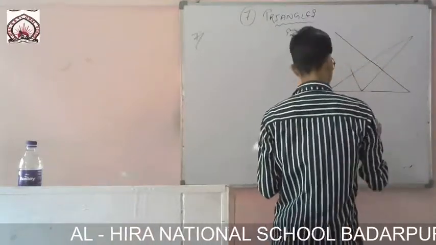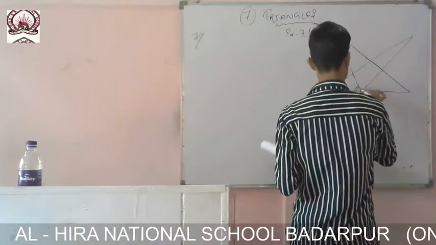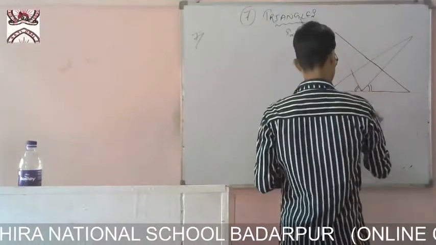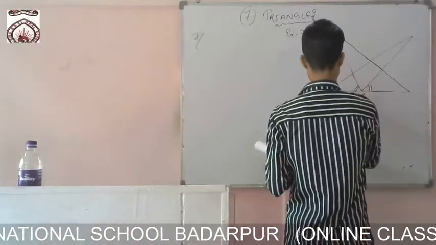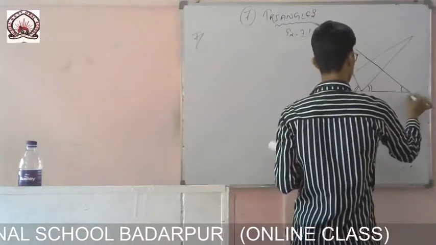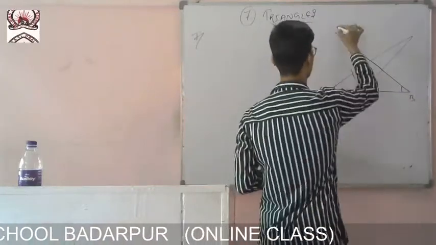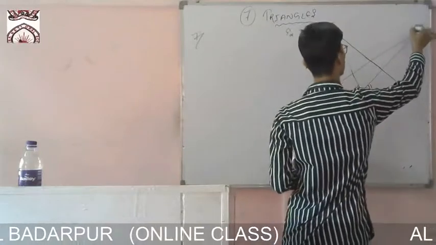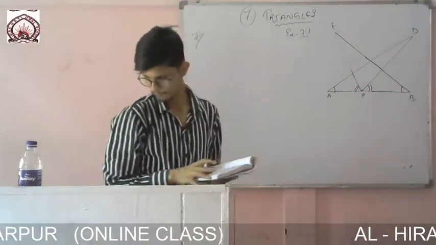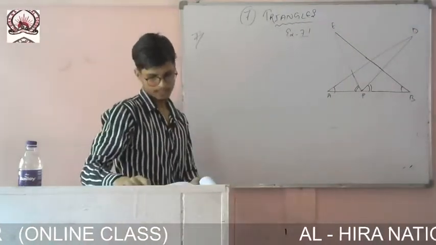So this is the figure. These two angles are given equal. It is given in the question, you see. This one and this one are given equal. I am just drawing the figure that is there in your book. Okay. So these are the things given.